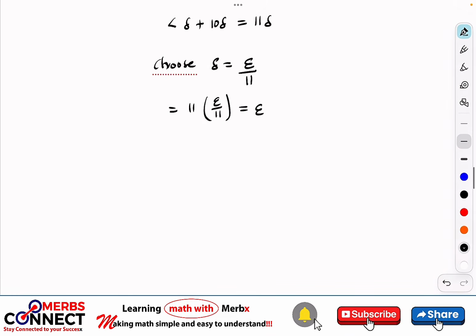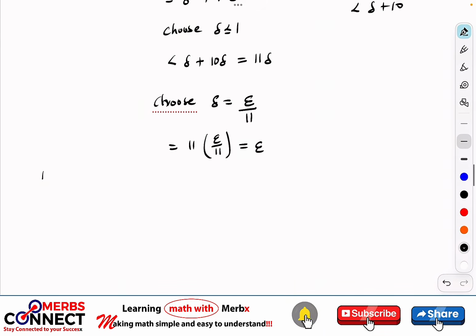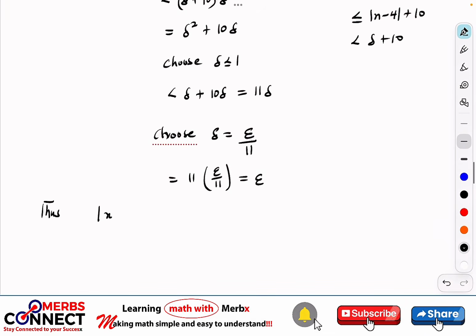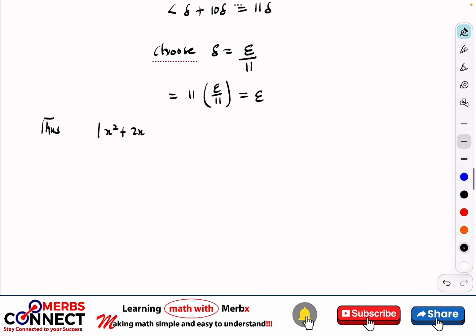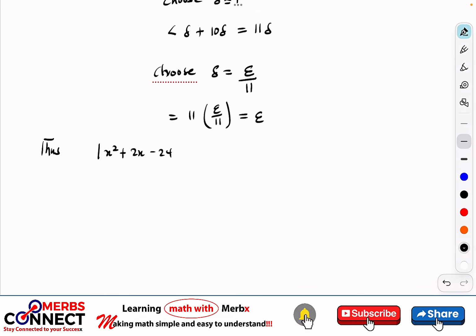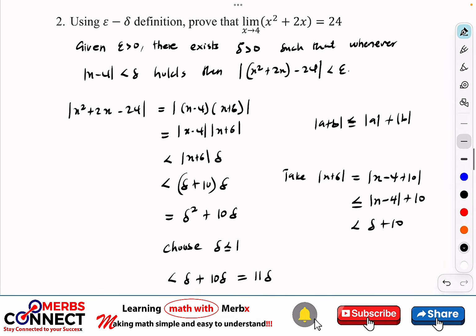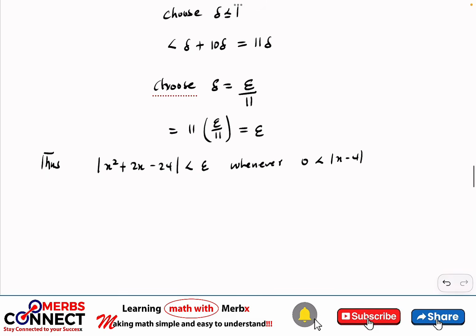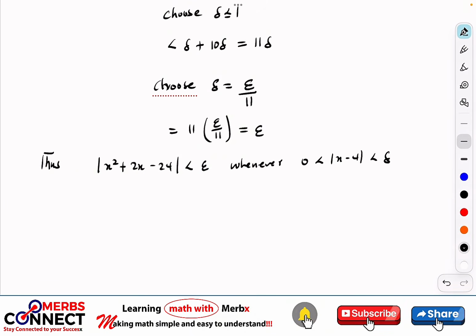So we are going to conclude, and let me write the conclusion here for you. Thus, absolute of x squared plus 2x minus 24 is less than epsilon whenever 0 is less than absolute of x minus 4, this one here, and it's also less than delta.